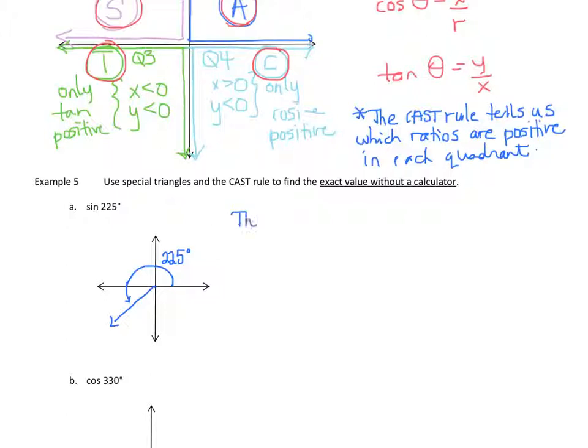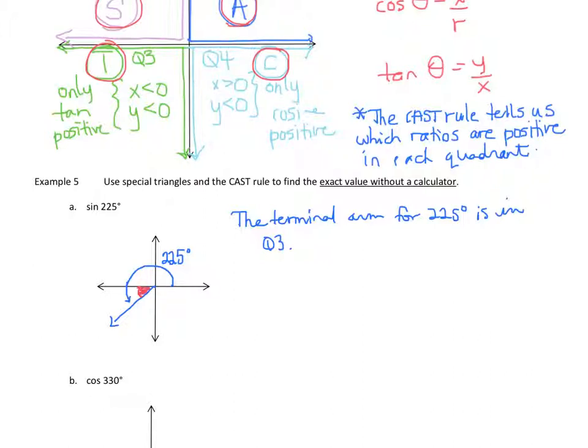So the terminal arm for 225 degrees is in quadrant 3. The reference angle for this angle is 45 degrees.